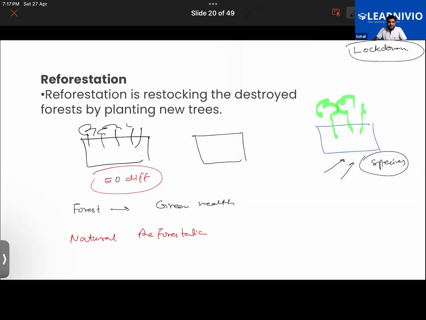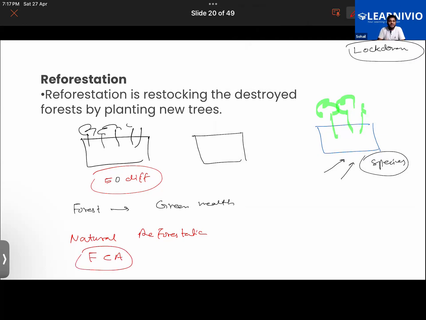Now in India, we have a law called the Forest Conservation Act. This was passed by the government of India, called the Forest Conservation Act, FCA.